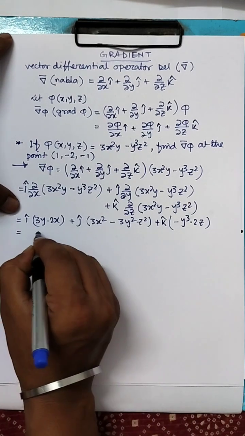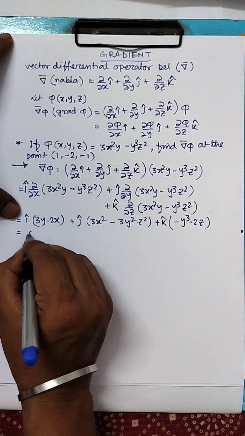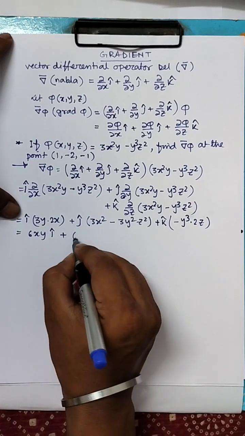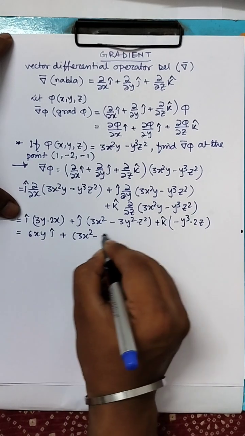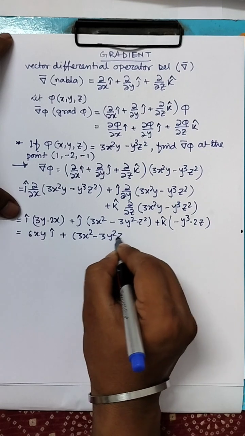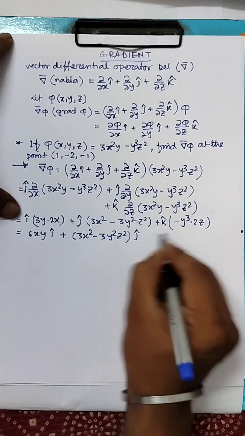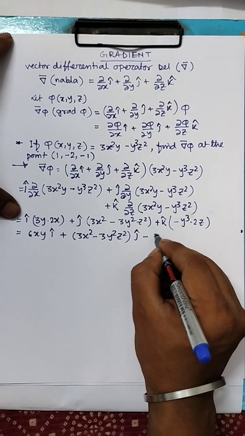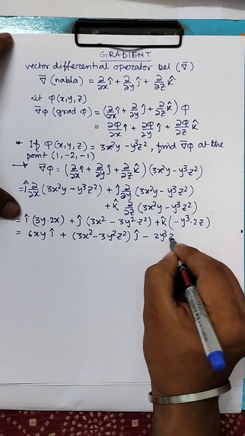So we can rewrite this line: 6xy i plus (3x² minus 3y²z²) j, here minus minus is plus, so plus 2y³z k.